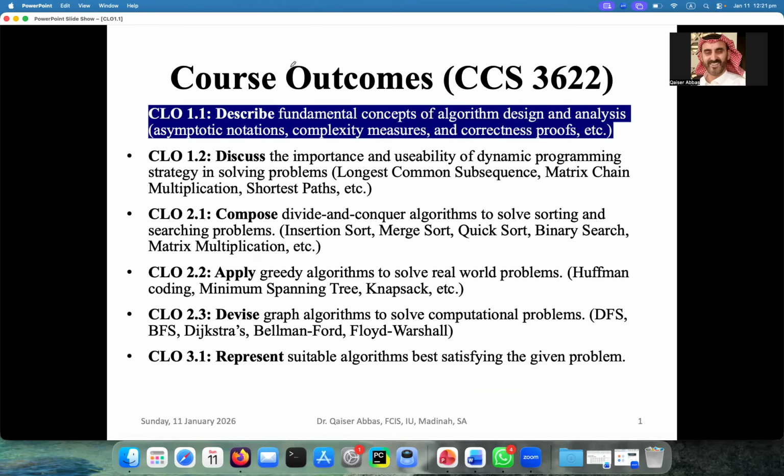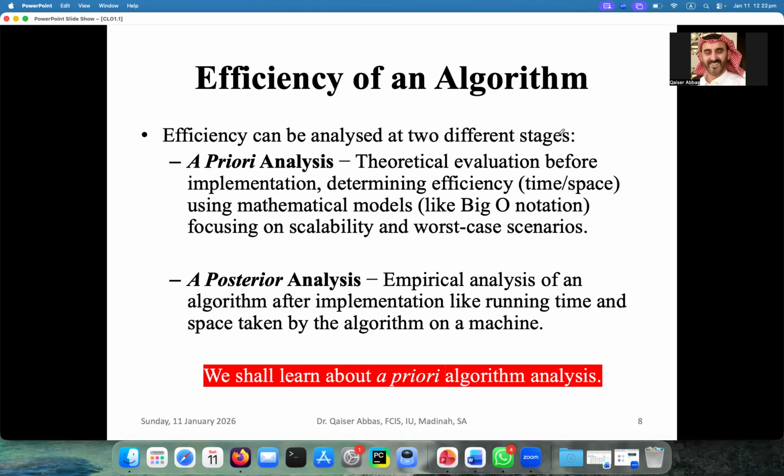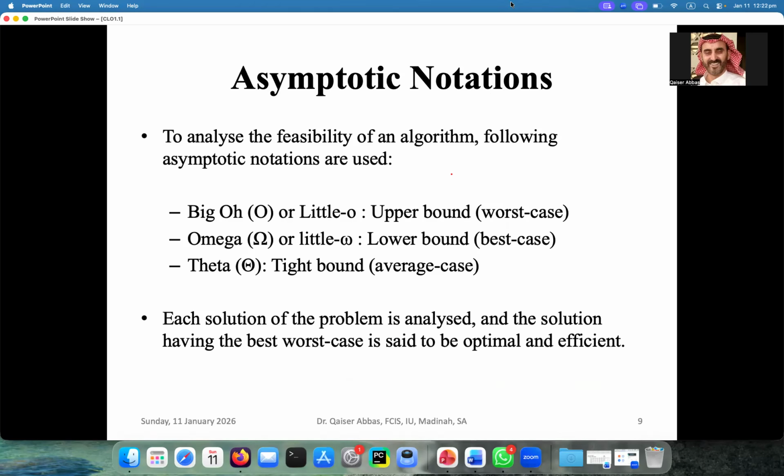If I show you here, CLO 1.1: describe fundamental concepts of algorithm design and analysis, and these are the topics: asymptotic notations, complexity measures, and correctness proofs. I have to cover these topics at least in this CLO. So now this is asymptotic notations.